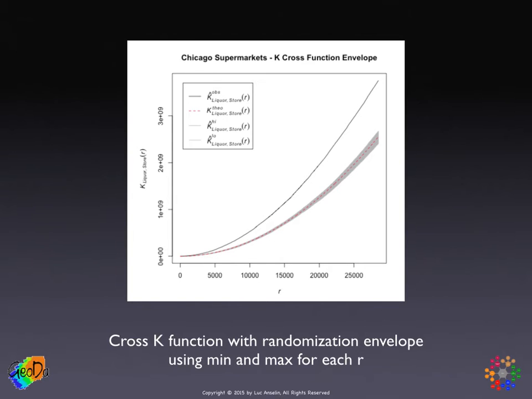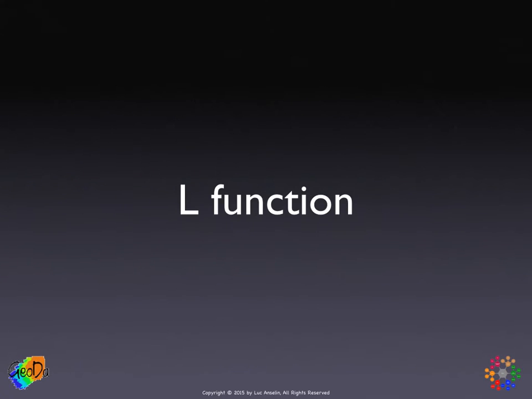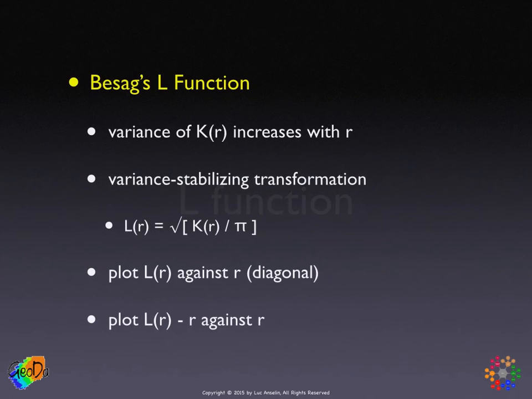One of the problems with the K function is that, if you think about it, as the circle gets larger, there is a greater variability of the average number of points within that circle. And that's where the L function comes from, due to Besag. Basically the L function is a transformation of the K function that tries to correct for this variance increasing with the distance.